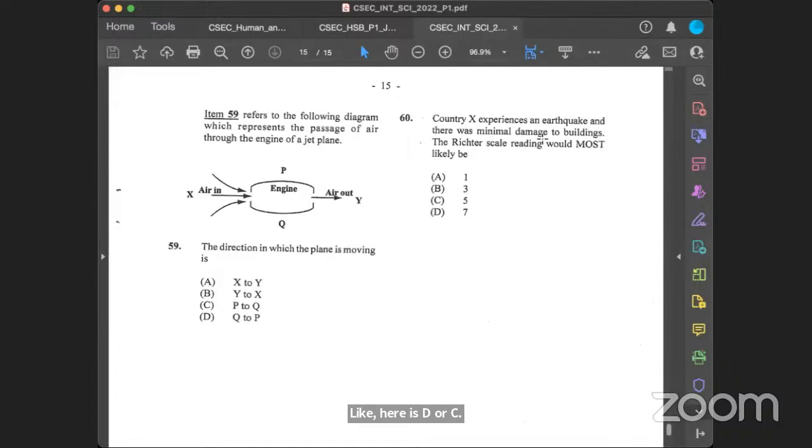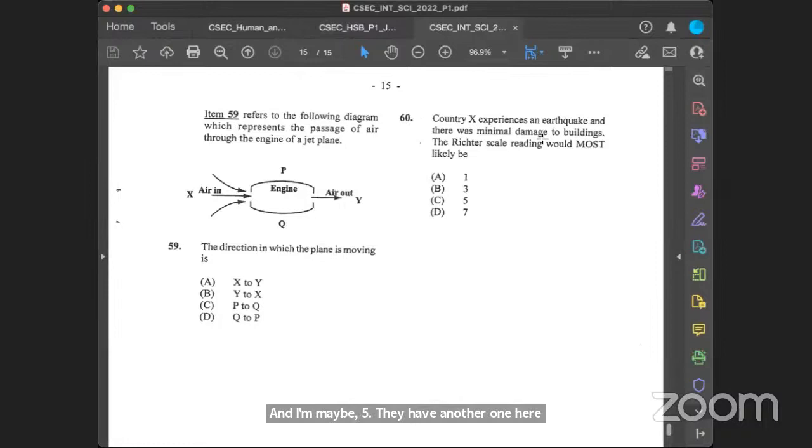We have to get another source. Hold on. It's going to be B. It's going to be C. 5. So I have another one here.